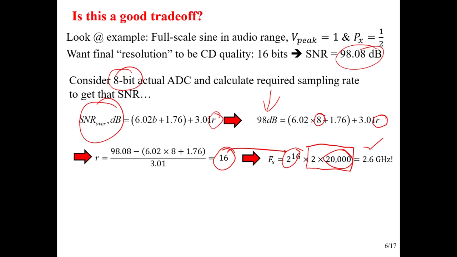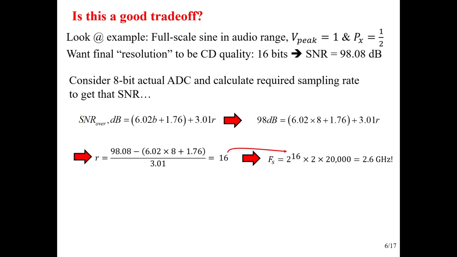That's a really, really, really, really fast A to D converter. Can you buy an 8-bit that runs at 2.6 gigahertz? Yeah, I think you can. It's going to cost a fair amount of money. So you're probably better off just buying a 16-bit running at the Nyquist rate, 44,100 hertz.